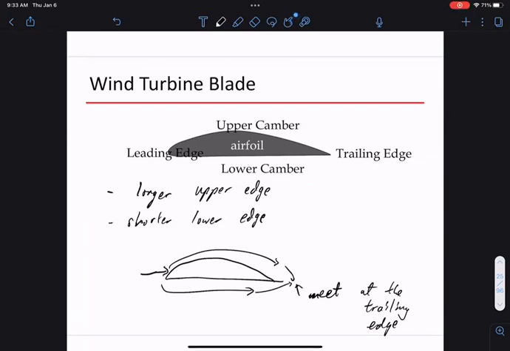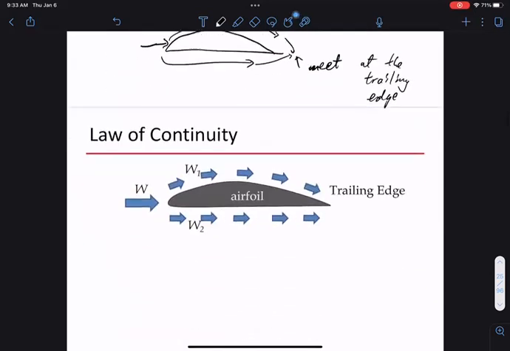The normal theory you hear about why airplanes fly or how lift is generated is that air separates into two streams. They have to eventually meet. So the top one goes through a longer path. The bottom one goes through a shorter path. So there's a speed difference. There's some law of continuity, which says the air molecules have to meet at the trailing edge.